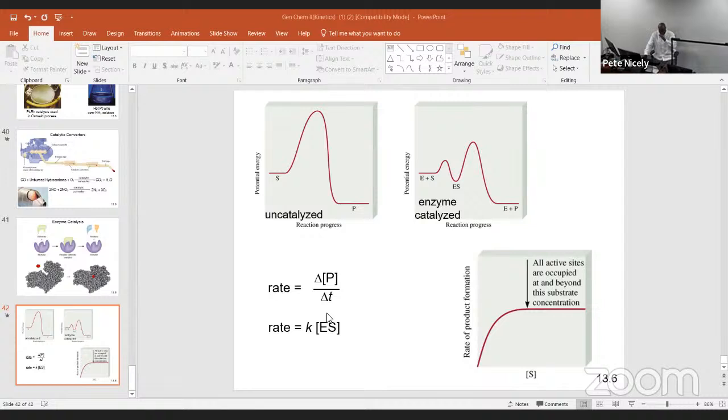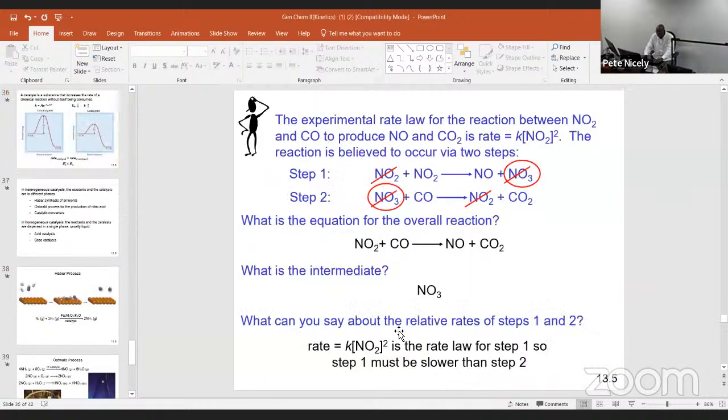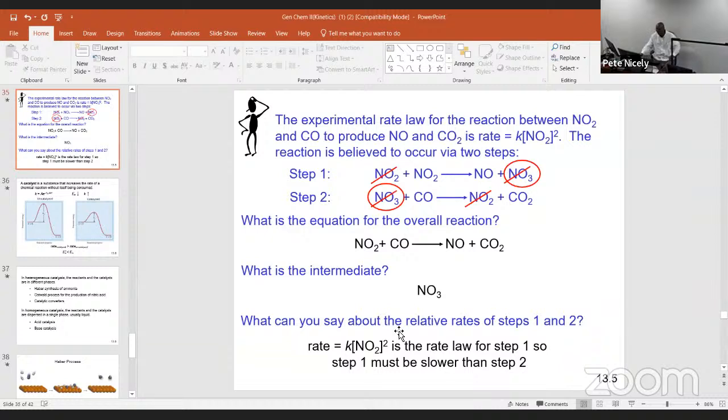One thing I should mention, and I just realized that I overlooked it. Let me do this quickly in the 2 minutes that we have left. So if you recall this question here, we identified the intermediate, NO3, right? Remember, the intermediate is the substance that is produced in one step and used up in another step.